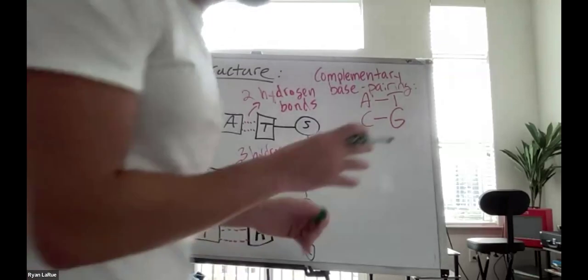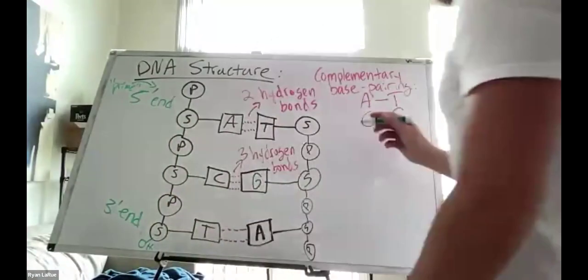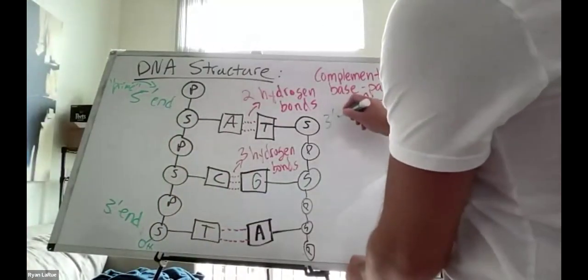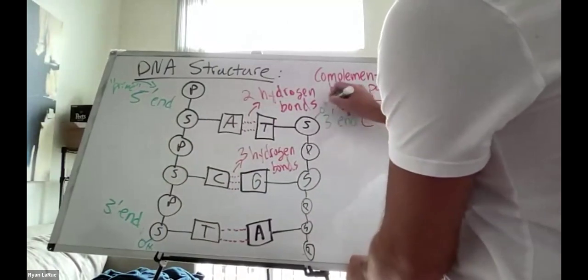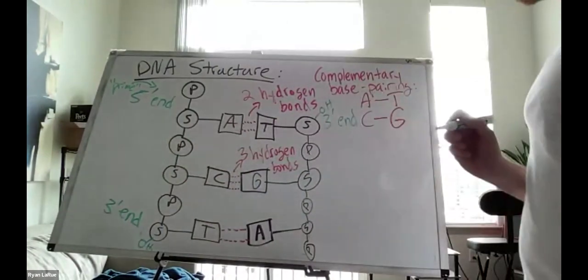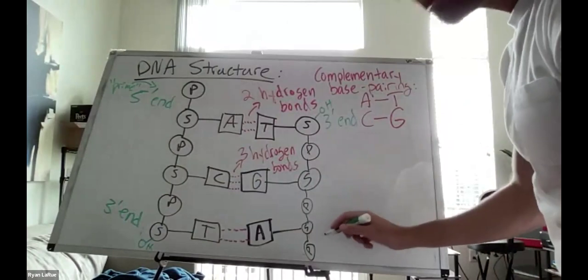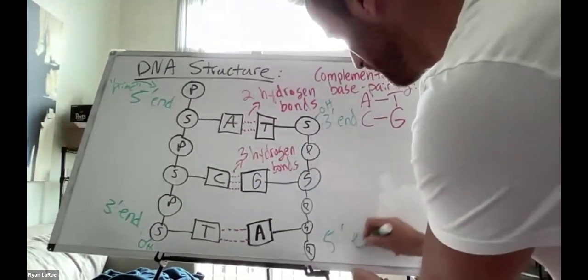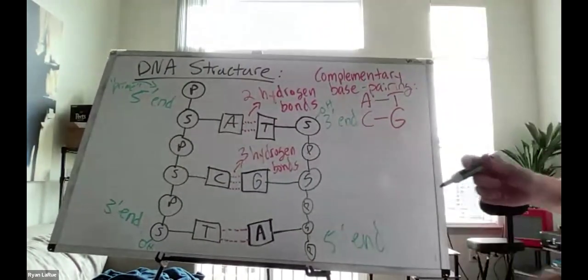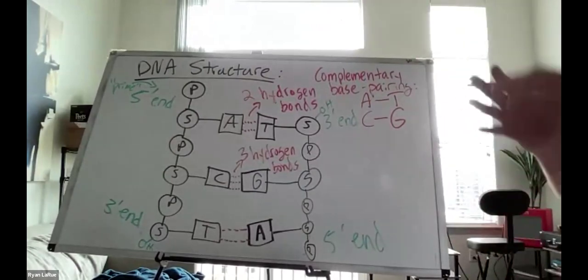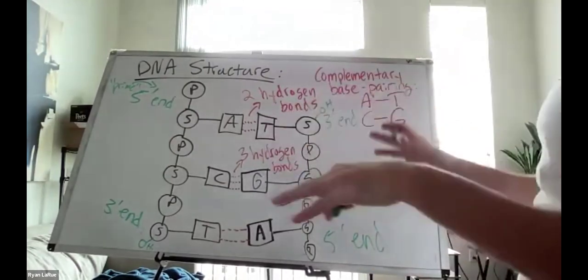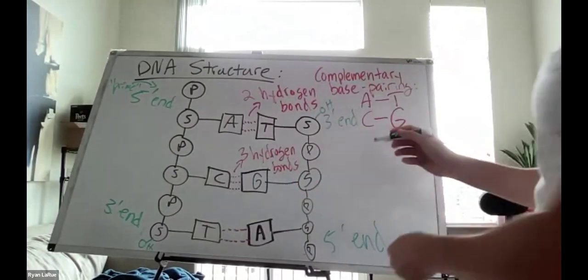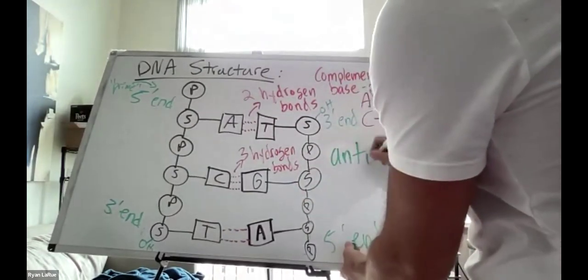Now, if you look at this side, of course, it's reversed. This would be your 3' end sticking up here, and you could draw an OH coming off. And then down here with the phosphate would be your 5' end. So we refer to this phenomenon by saying DNA is a molecule that is anti-parallel.